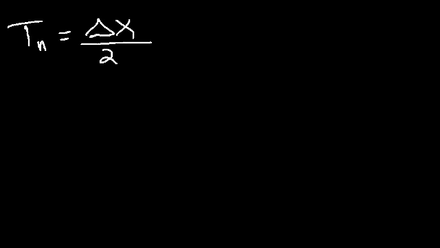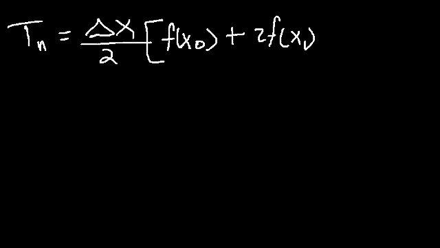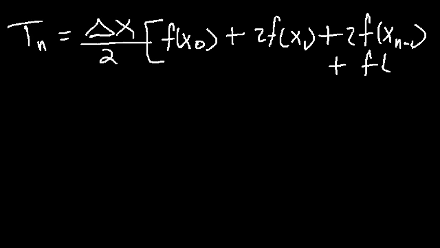So it's delta x divided by 2, times f of x0 plus 2 f of x1 plus 2 f of x2, and so forth. And then the second to last term will be 2 times f of x n minus 1. And then the very last term is going to be just f of x n.